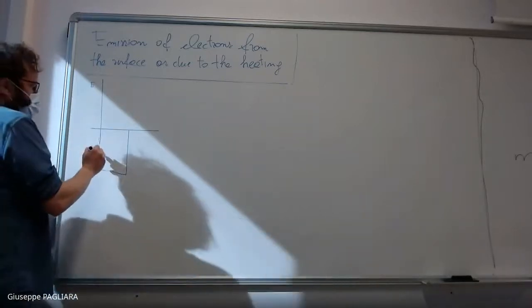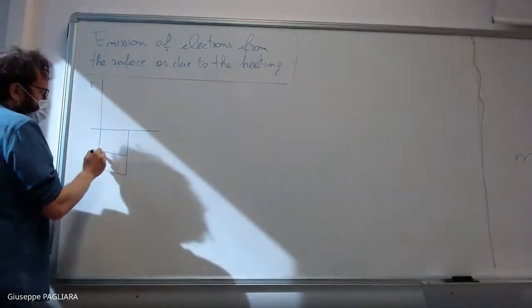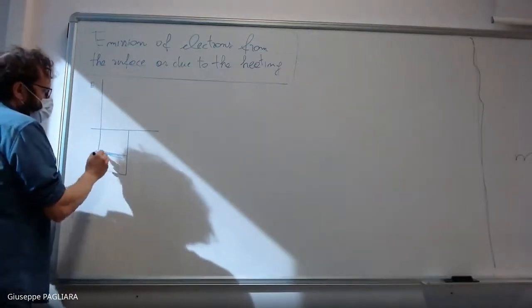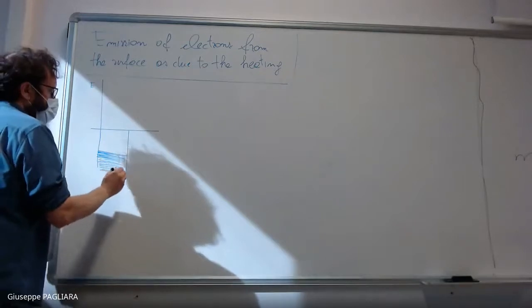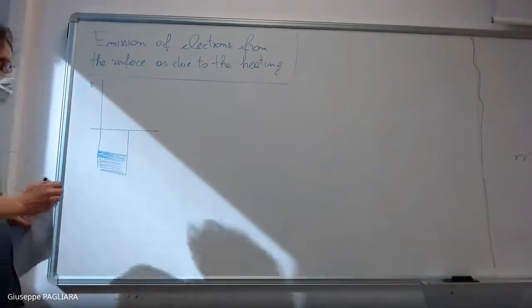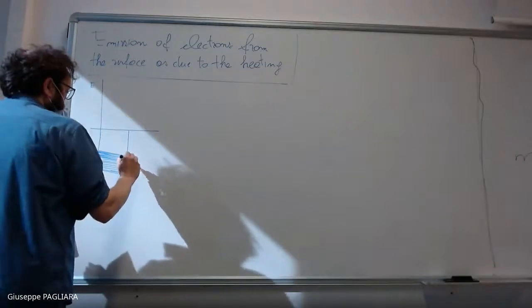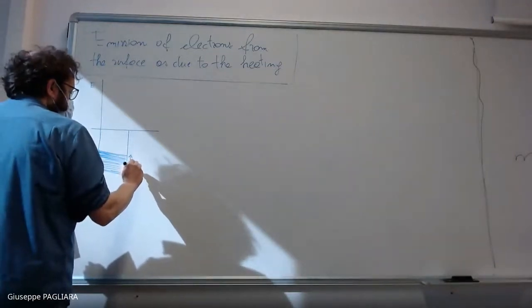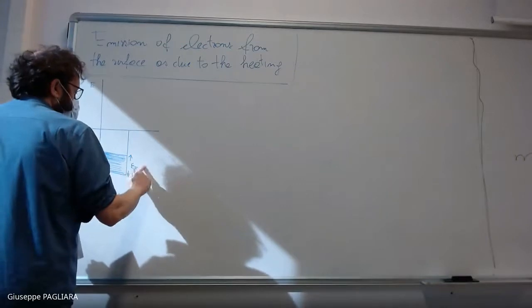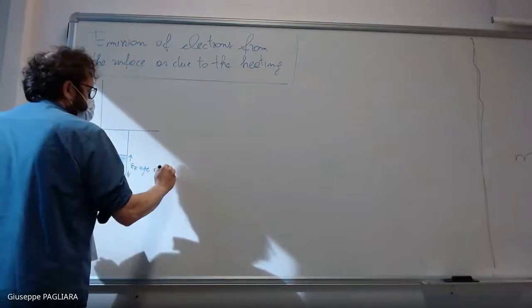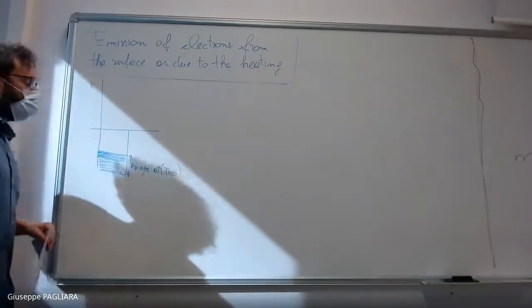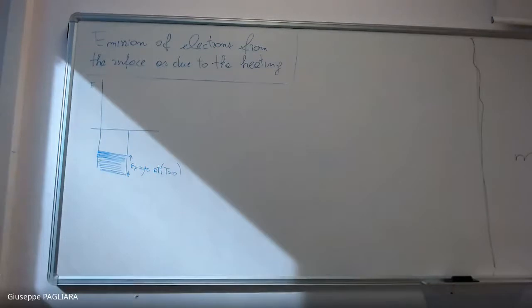They occupy all the energy levels of this negative potential up to the Fermi energy at T equal 0. This is the Fermi energy, which is equal to the chemical potential, and we suppose that this is correct even if we are not at T equal 0. So we assume that all the energy levels are occupied.